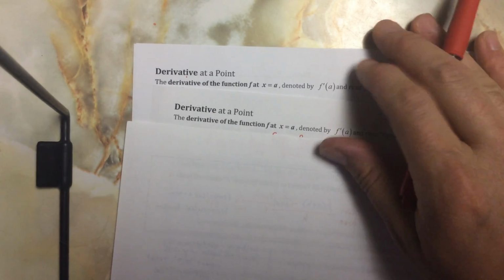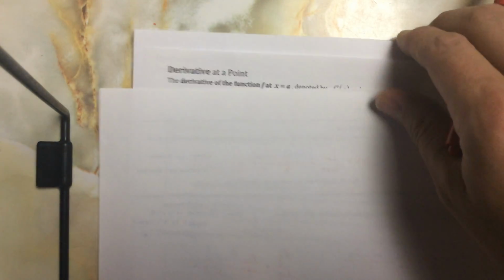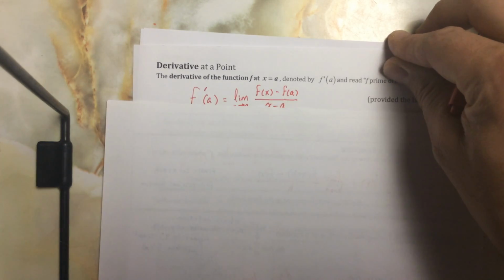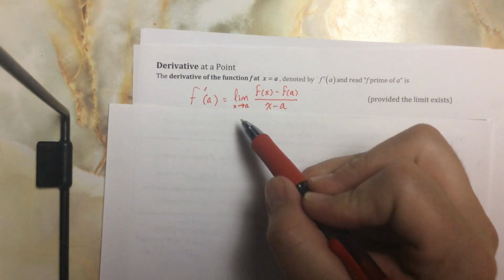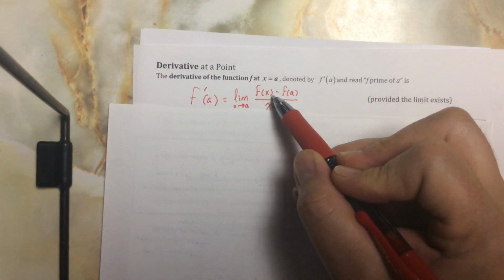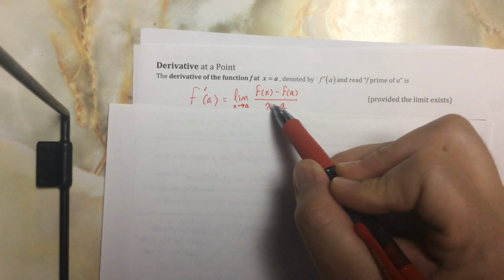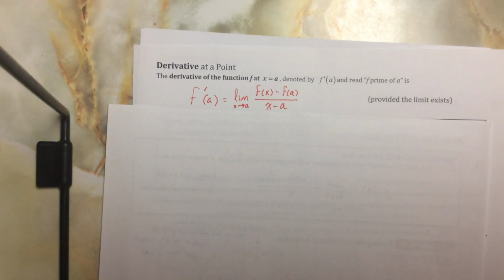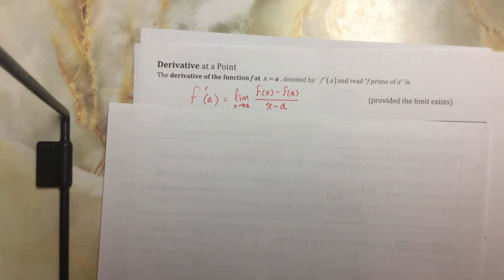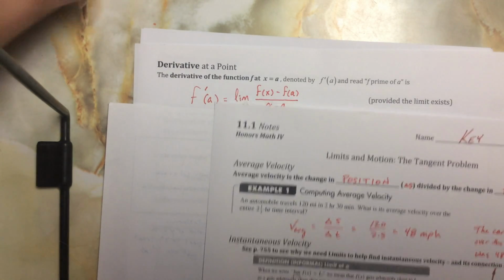And here's how we find that derivative. To find the derivative of the function f at a, we find the limit as x approaches a of f of x minus f of a over x minus a. Well, if you look at what we did in our first example, it's exactly what we did in our first example.